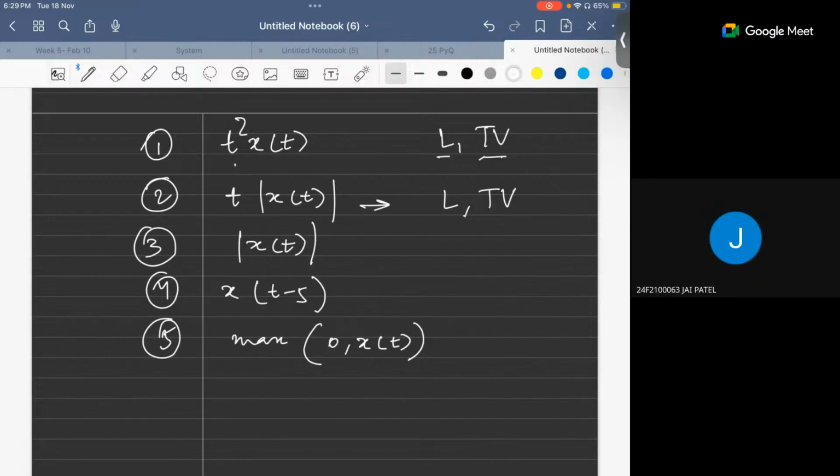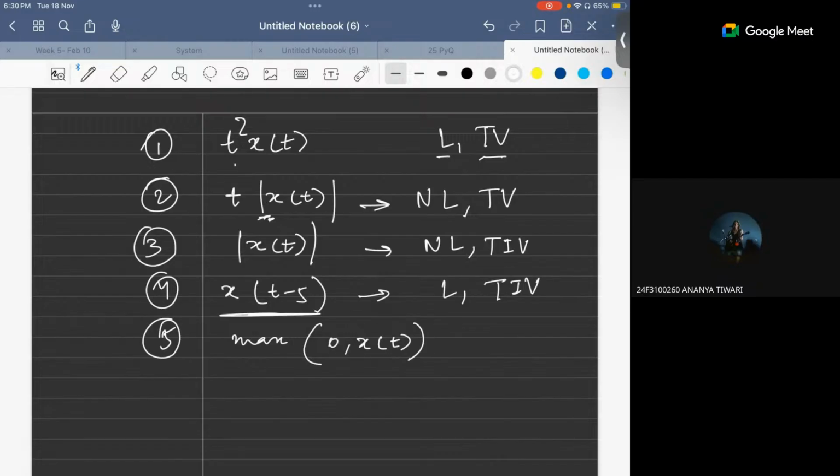Okay, the second one will be non-linear, because there is an operation on x, and that will make the system non-linear. Here also, this is non-linear. What about the time? This is time invariant, correct? Clear? What about this? This is linear and time invariant. What about this one?